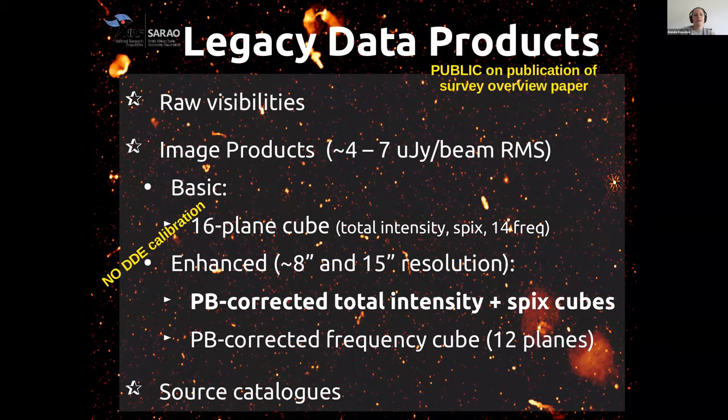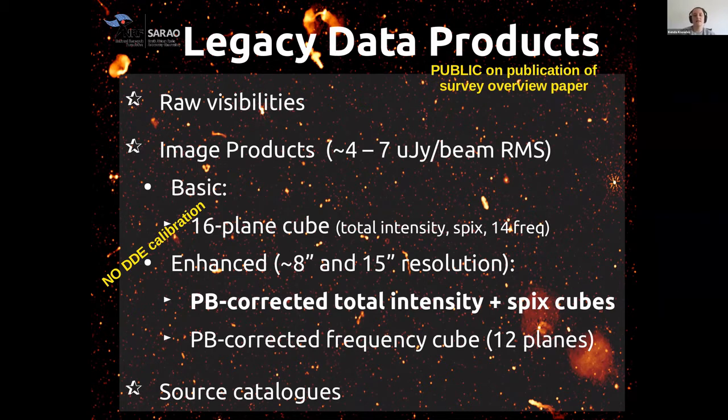So the main point of this cluster legacy survey is that it will be a legacy survey. And by that, I mean that it will be made public to the astronomical community, or I suppose to anyone, it's completely public access. But the observatory really would like the community to be using these products for their own science.